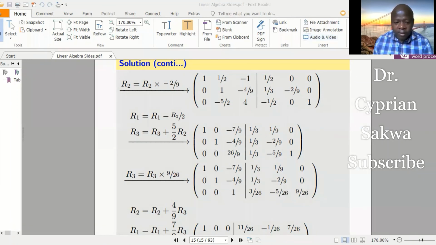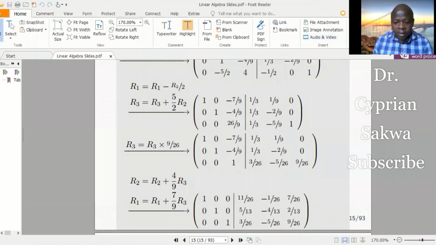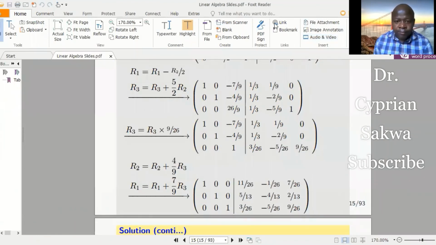To get a 0 in this position, I'll take the element in row 2 plus 4/9 of the element in row 3.